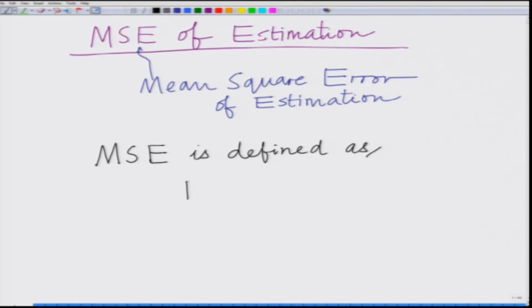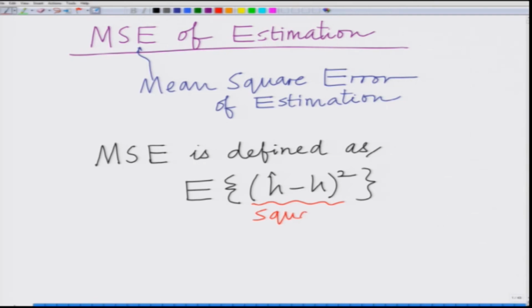the expected value, the mean of h hat minus h whole square, correct. This is naturally the squared error, where h hat is the estimate and h is the underlying true parameter.